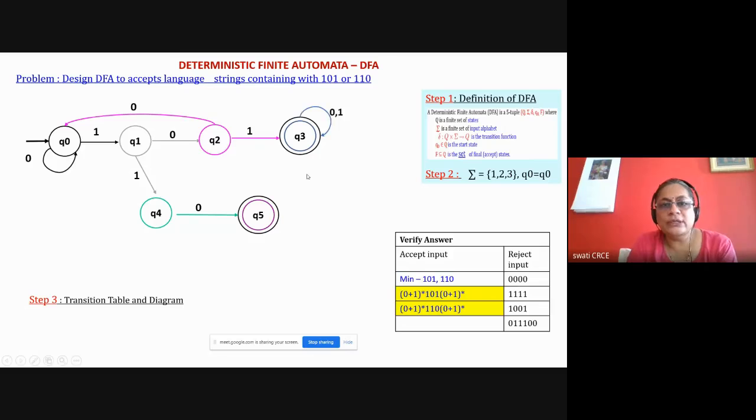Now in Q3, if there is any 0 or 1, it will remain in the final state because 101 is already there. Now in Q4, if there is any 1, then it will be a loop. So it is becoming 1, 1, 1, 1, 1, 0. So it is becoming 1, 1, 0. Now in Q5, if there is any 0 or 1, it will go to the final state. Here also we can join both the states together and have a single final state.